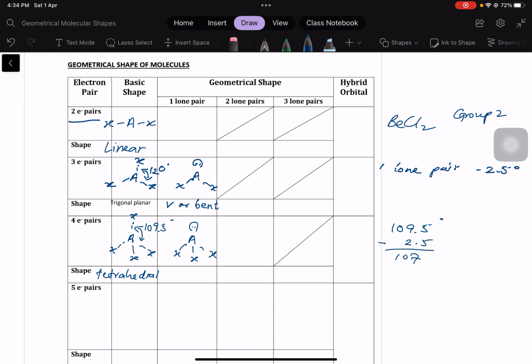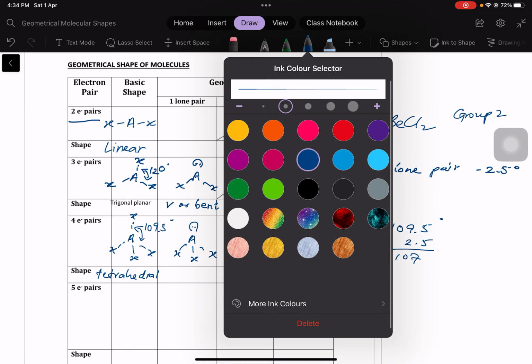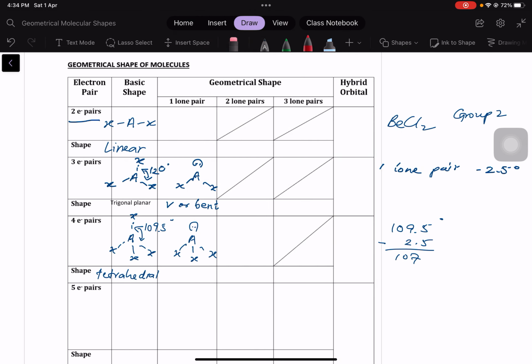So the bond angle for this molecular shape would be 107. And since it has a pyramid shape, we call it trigonal pyramidal.